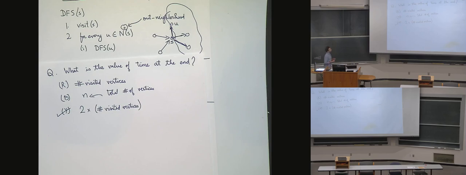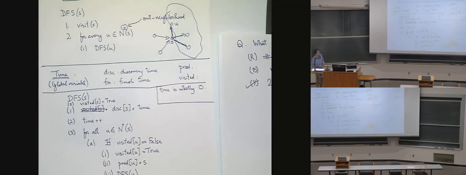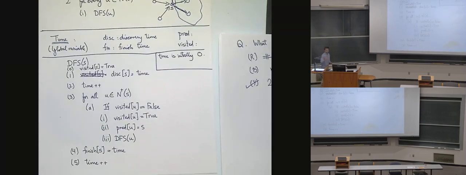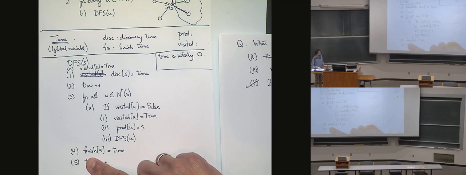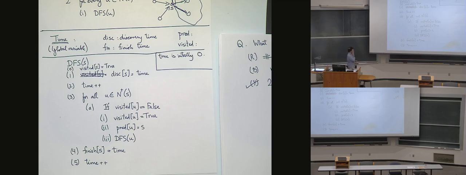Yeah? Why did we need to increment time twice during DFS? You mean we could just do it once? We could. It's just convenient now that all the times are different. If you did not do this increment, you could end up with the finish time of something being the same as the start time of something else.